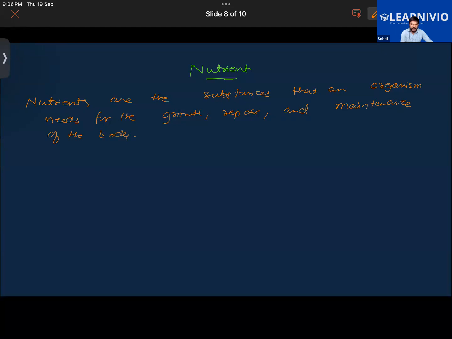Our body has five major nutrients. The food that we eat contains five major nutrients in it. What are the five major nutrients present in the food?